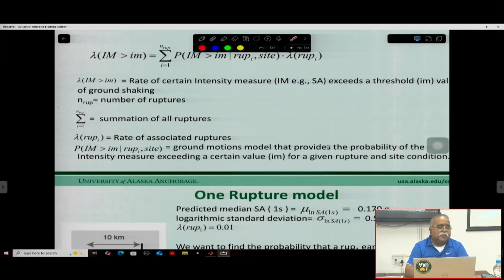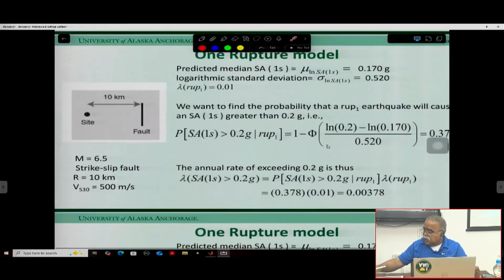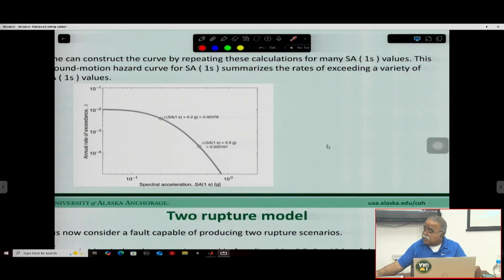So what does that mean? It is basically calculated like this. Say it is a 10% probability of exceedance in 50 years.